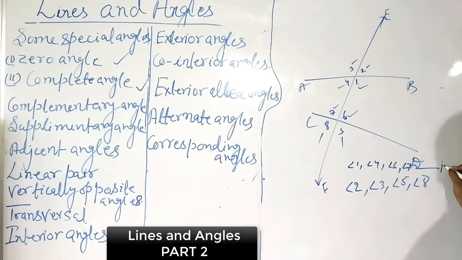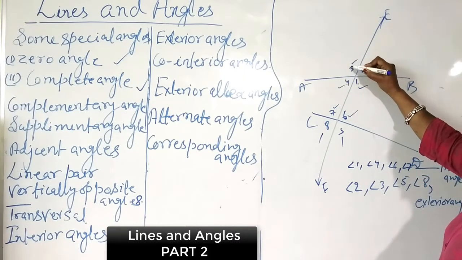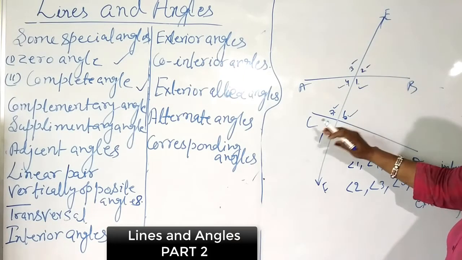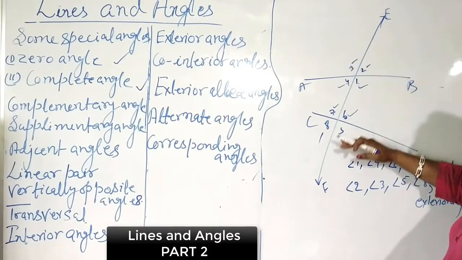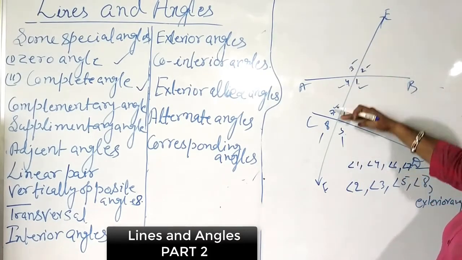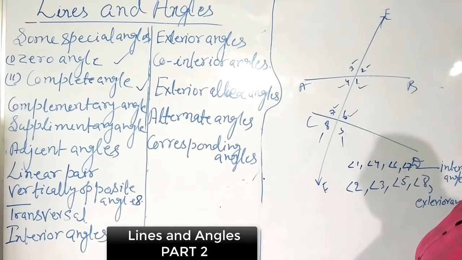This one is an interior angle and this one is an exterior angle. These are all interior angles and 2, 3, 5, 8 are exterior angles. That means outside the lines is exterior and inside both given lines is interior.